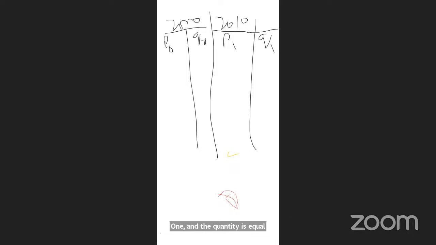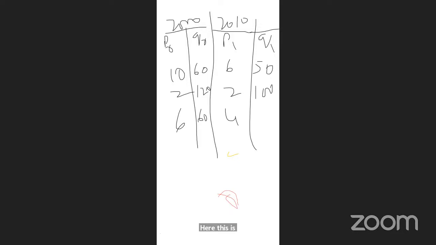So now, let us say price is 10, 2, 6. Quantity was 60, 120 and 60. Here the prices are 6, 2, 4 and here the quantities are 50, 100 and 60. Now this is a problem which is given to us.